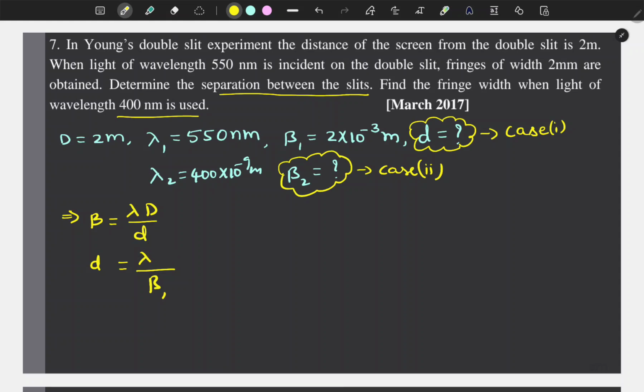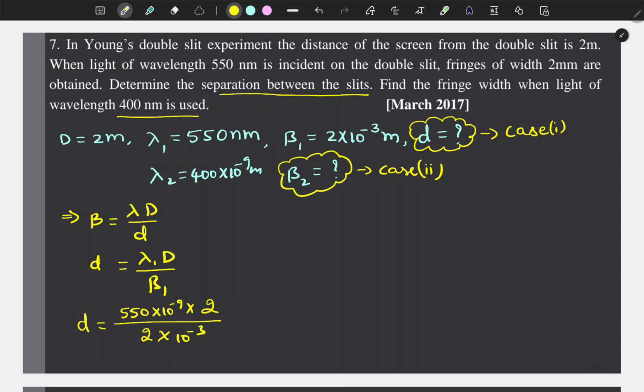For lambda 1 we have beta 1 and capital D. So small d is equal to lambda 1, which is 550 nanometer, into capital D, 2 meters, divided by beta 1, which is 2 millimeter.